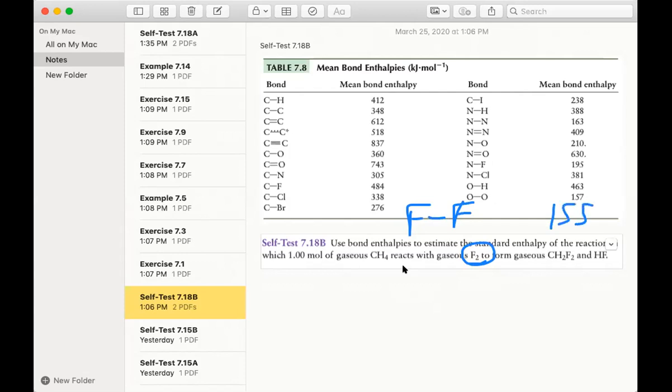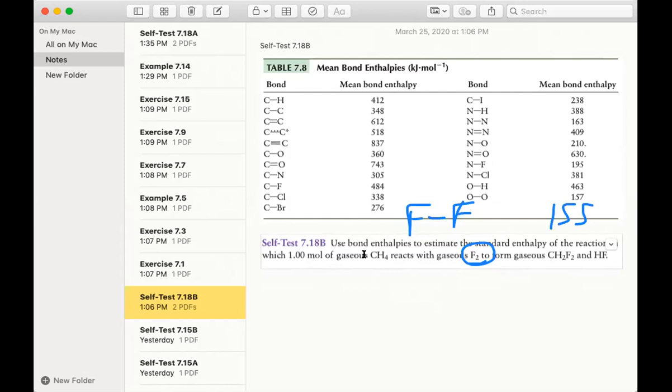So okay. And then use bond enthalpies: standard enthalpy, 1 mole of gaseous CH4 reacts with gaseous F2 to form CH2F2 and HF. Okay, so I think the thing that we have to do is get this balanced.